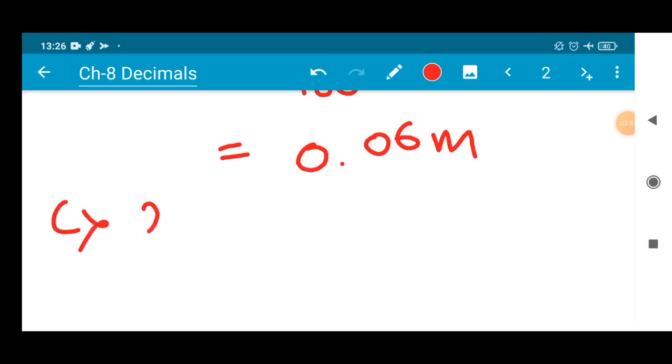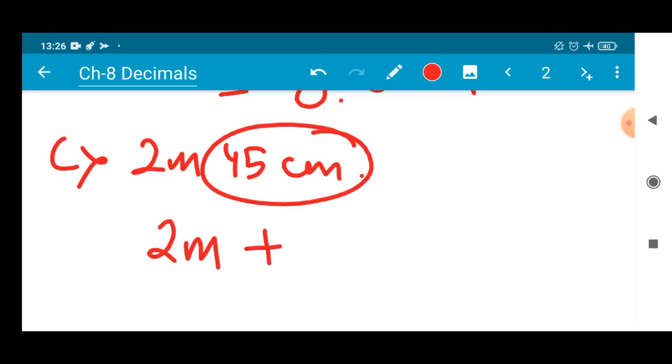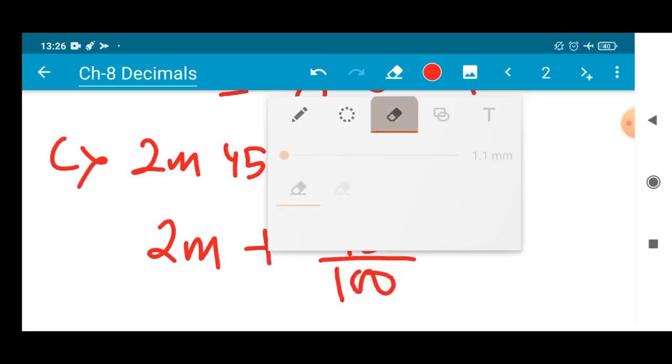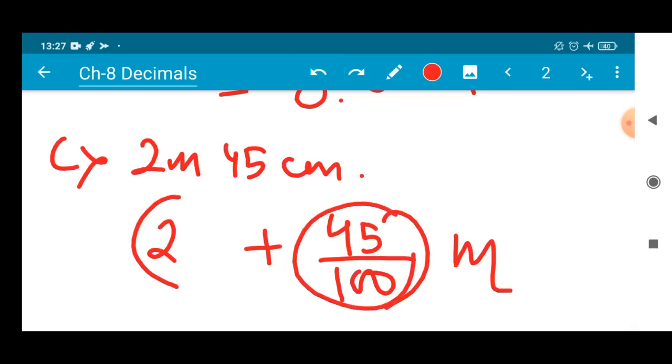So number C, 2 meter 45 centimeter. This meter is already in meter form, so no need to change or touch this. What I can do is put the plus sign and convert this centimeter part, that is 45 centimeter, into meter by dividing by 100. So instead of writing meter over here, let me put the bracket, and this will indicate the whole number is now in meter form. 2 was already in meter, now 45 centimeter will also be in meter.